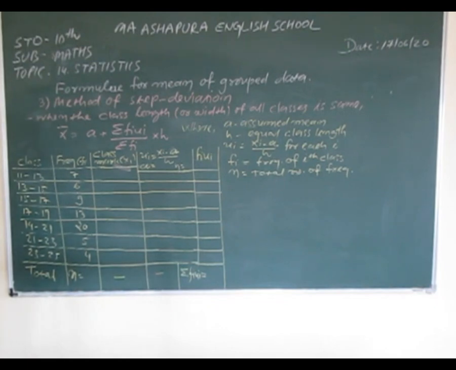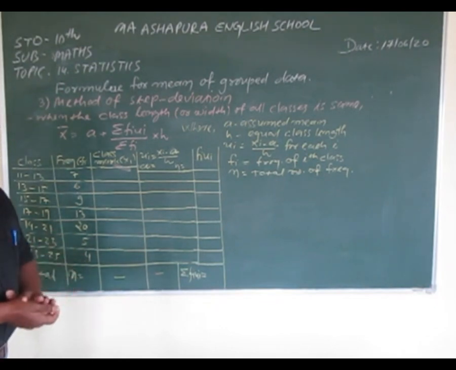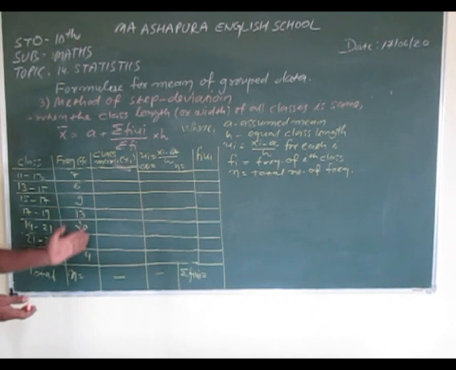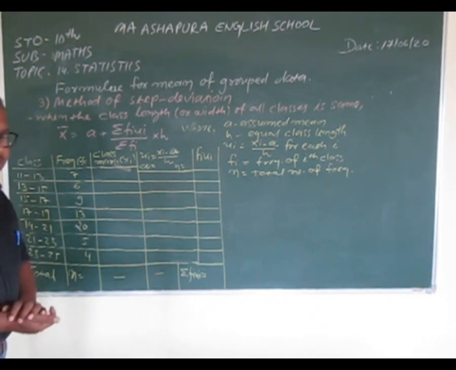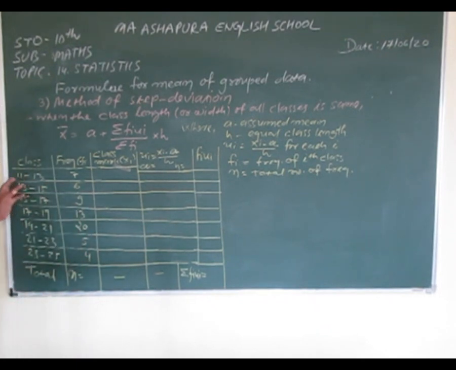Now we perform a sum. Column number 2 shows the frequency. Fi is the related frequencies. 11 to 13 is 7, 13 to 15 is 6, 15 to 17 is 9, 17 to 19 is 13, 19 to 21 is 20, 21 to 23 is 5, and 23 to 25 is 4. First, we find the sum of the frequency, that means n or sigma fi.